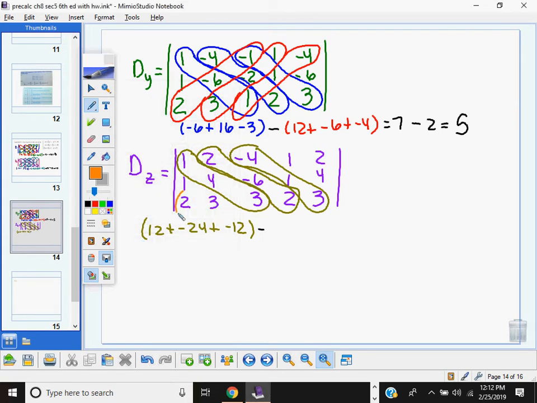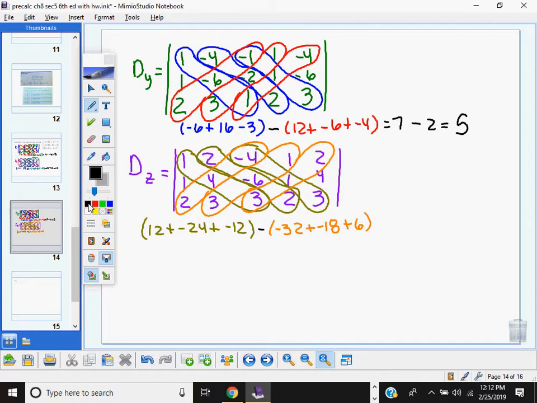Okay, 2 times 4 times negative 4 is a negative 32. Double check. Yep. 3 times negative 6 times 1 is a negative 18. We put plus negative 18. Plus 3 times 1 times 2 is a positive 6. Now let's finish this. 12 plus a negative 24 is negative 12.